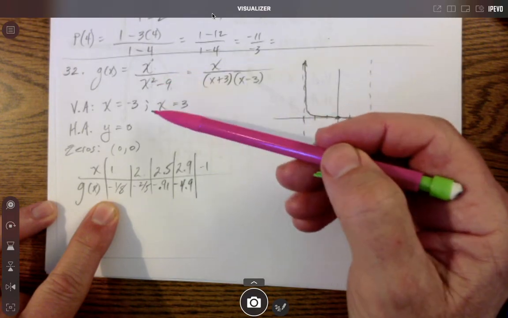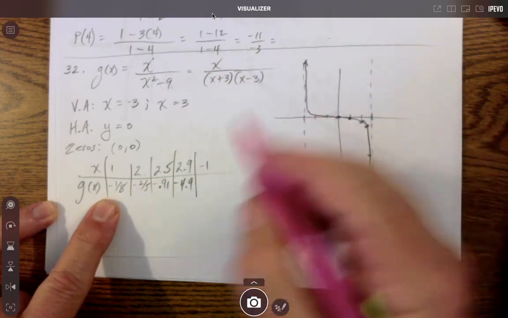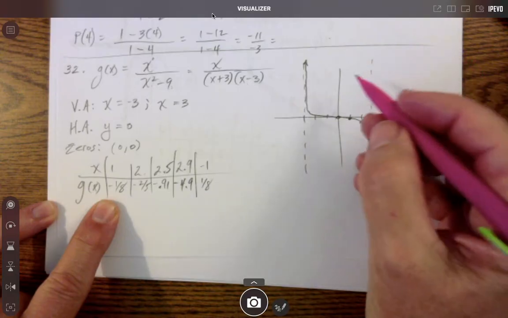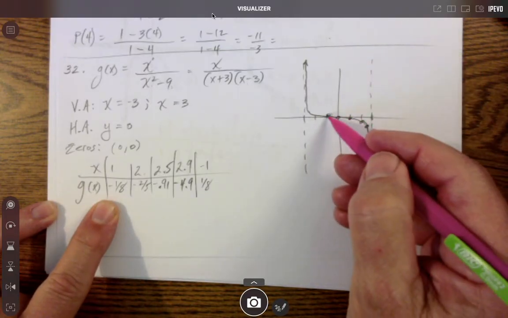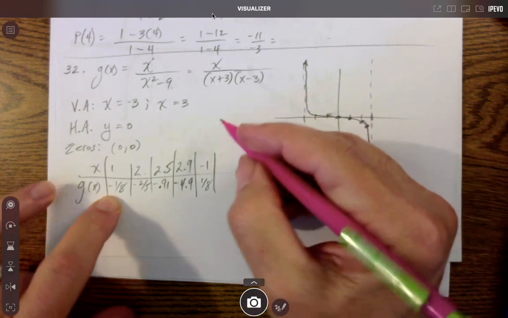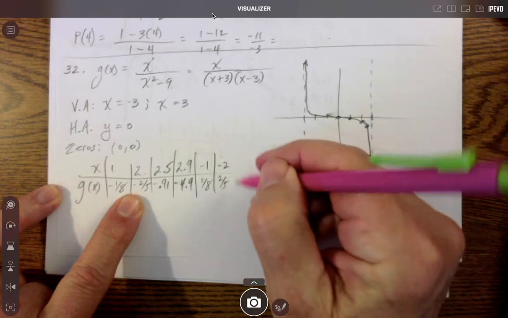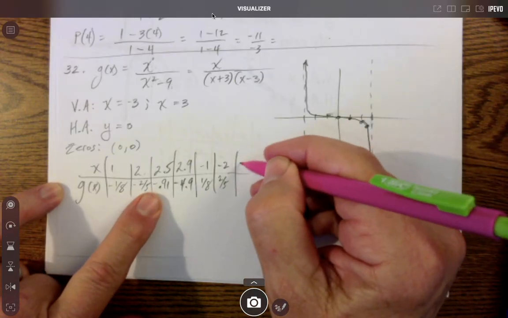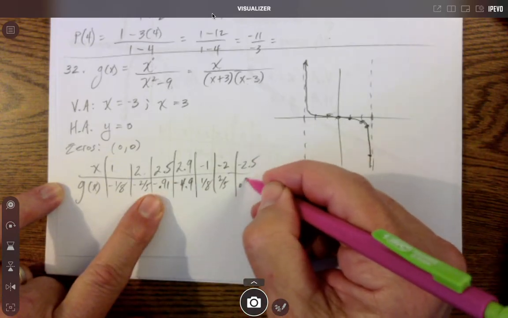When you square it, it's going to become positive again, just like it was when I plugged a positive in. So it's just going to switch the sign. So this is going to be 1/8 right there, and so on. So these numbers, like negative 2, should just be the opposite of that, which is 2/5. And at negative 2.5, I should get positive 0.91, and so on.